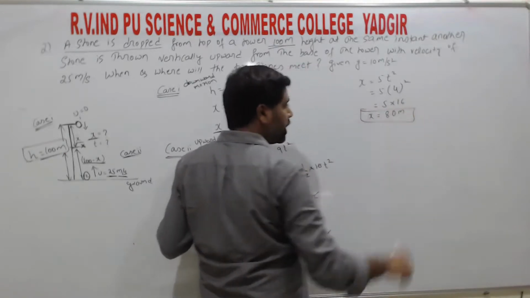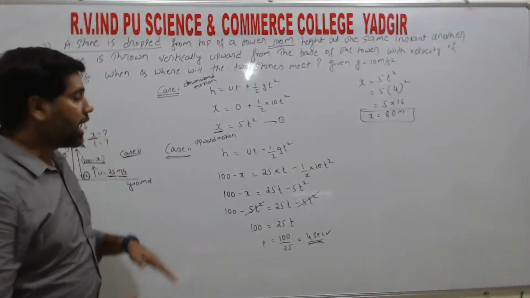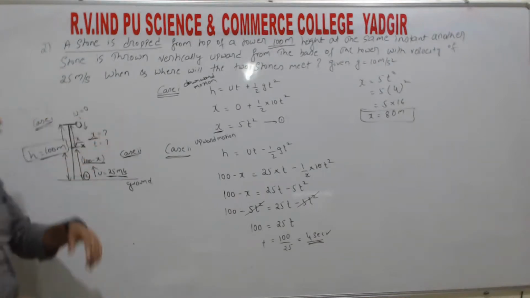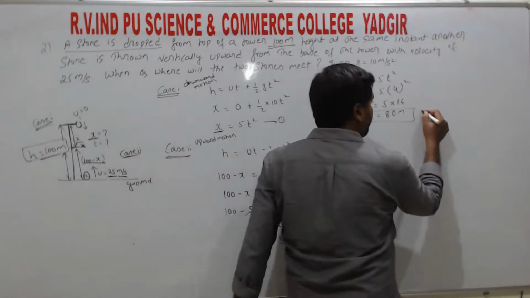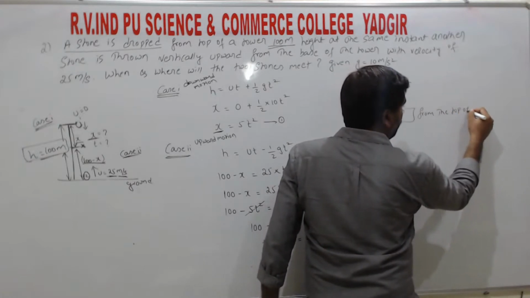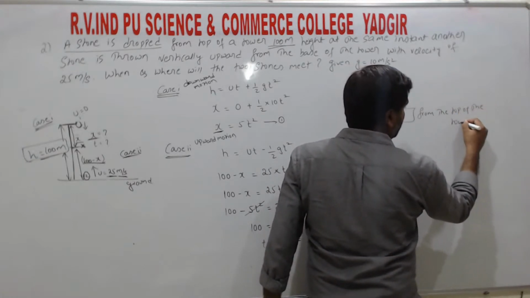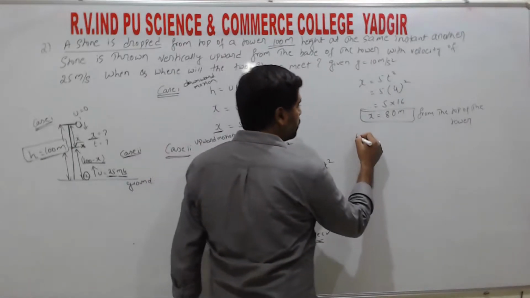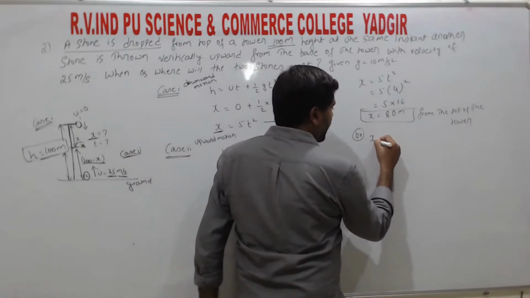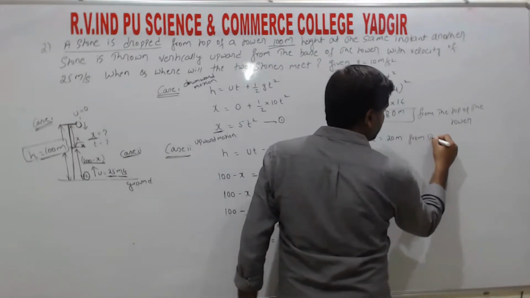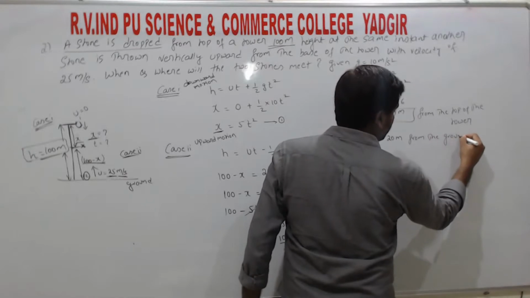So they are going to meet 80 meter from the top of the tower. We need to mention this: x equals 80 meter from the top of the tower, or 20 meter from the ground.